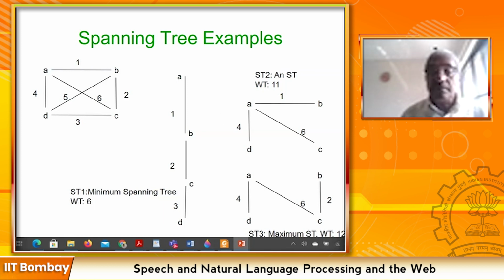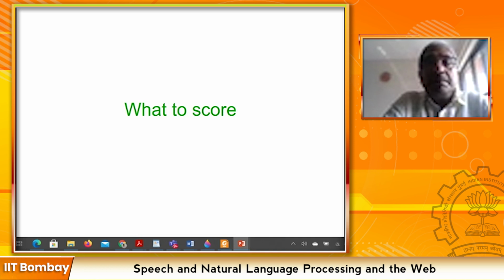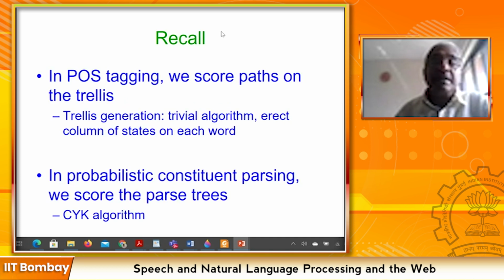Now we proceed and we ask what should we score? In all the probabilistic methods for NLP, the probability is used for scoring. But what do we score? We need an object on which the scoring function should be applied. So we recall that in part-of-speech tagging, we score the paths on the trellis. The trellis is generated by a trivial algorithm.